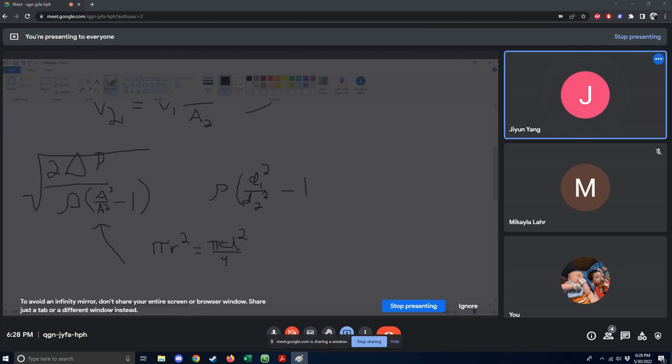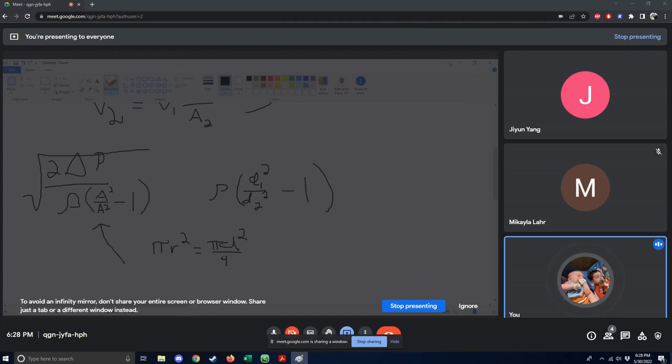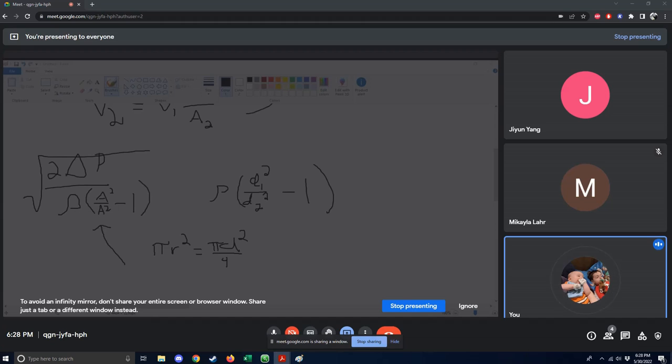It's one of those nice things that if you manipulate the equation, it makes it a lot easier, because if you were going to use the equation they had given in part A, you have to calculate what A1 and A2 are.